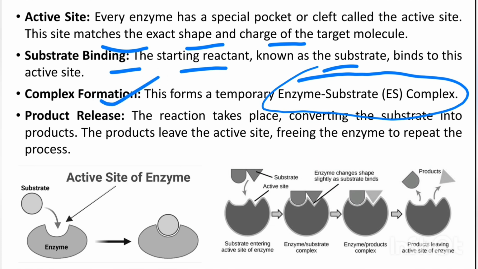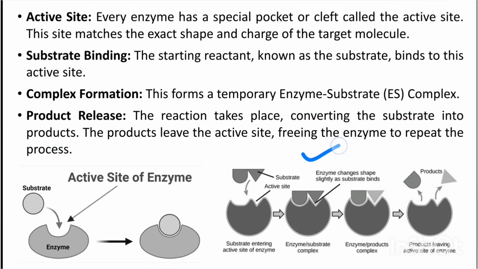At first substrates convert into products, then the product leaves the active site, freeing the enzyme to repeat the process. This is the diagrammatic representation of how substrate attaches to the active site of the enzyme. The enzyme changes shape slightly as substrate binds, and then the substrate converts into the product. Finally the enzyme leaves the product and completely detaches from that system.